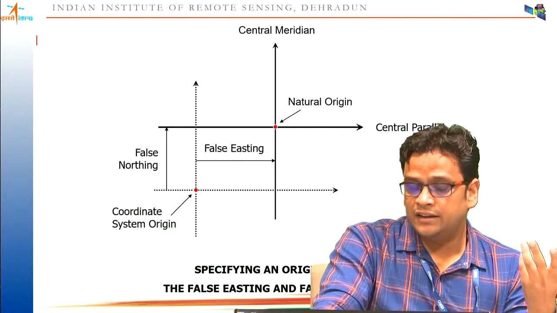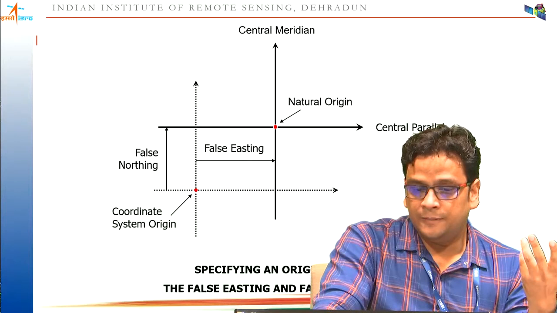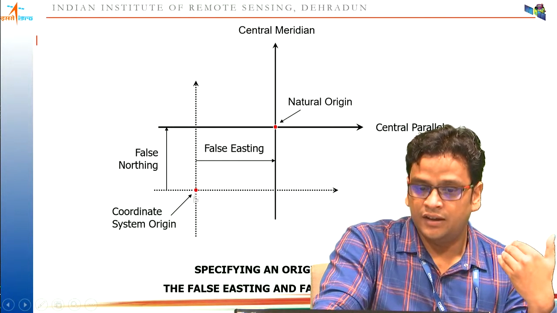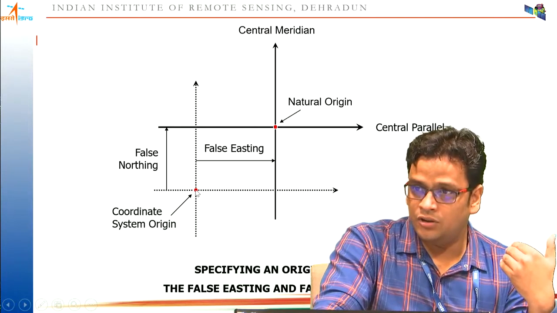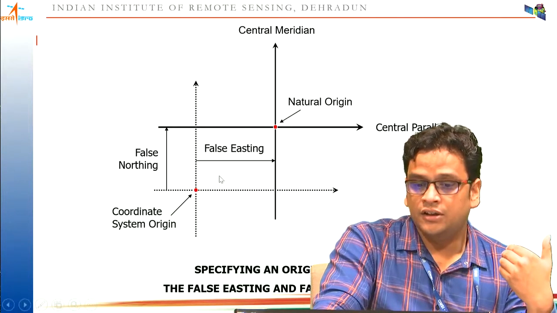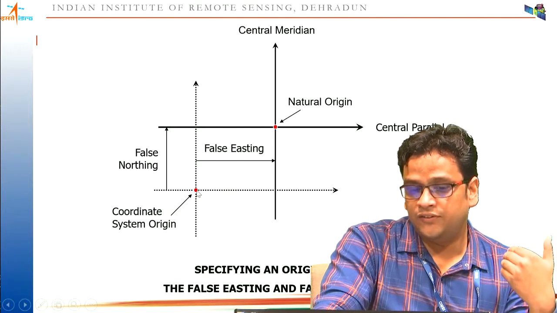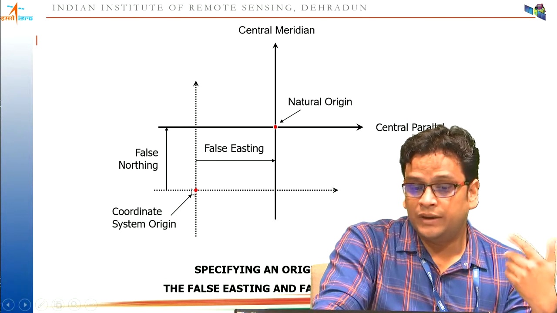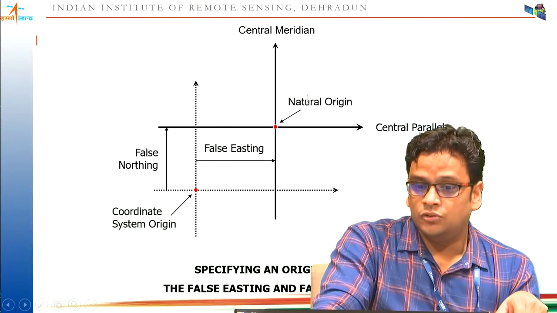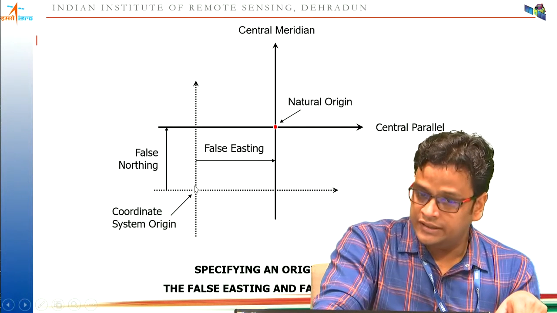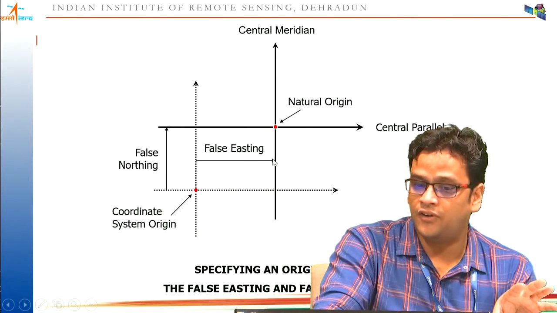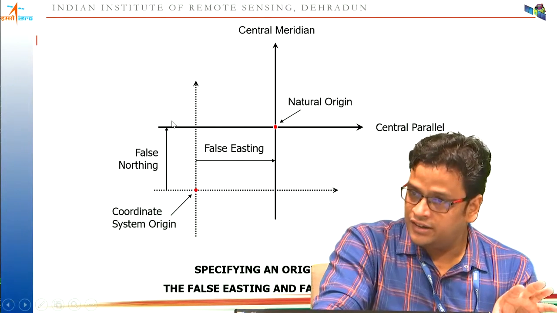Once these are negatives, we want to shift the origin somewhere. With respect to this origin, these points may be positive. This is not the exact origin, so we are shifting the origin to make this point positive. So this difference is called the false easting and the false northing.